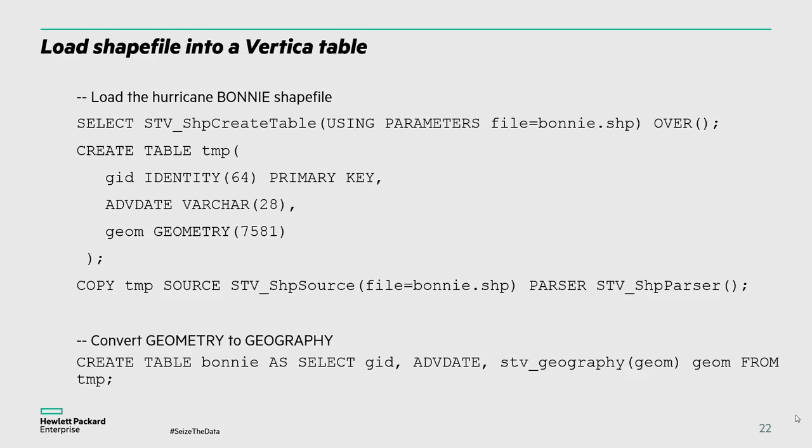Then we just load the shapefile into the Vertica table. We always load the shapefile into a geometry data type, but here we want to calculate on WGS84, so the next step is we convert from geometry to geography so that the follow-up analysis is in WGS84.